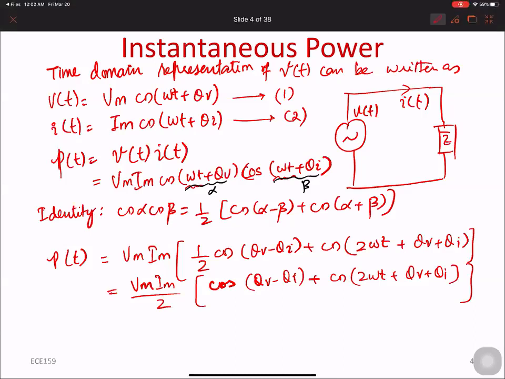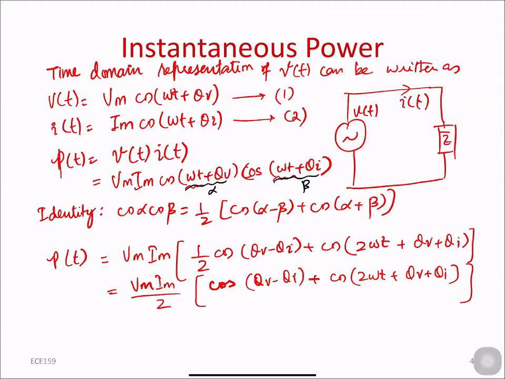So again, looking at this value for instantaneous power, we see that we have two parts. The first part is a constant. It is not dependent on time. Its value depends on theta v and theta I, so it means that it is dependent upon the phase difference between the voltage and the current.